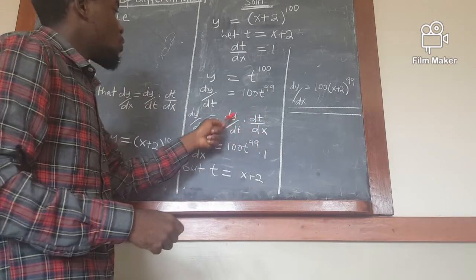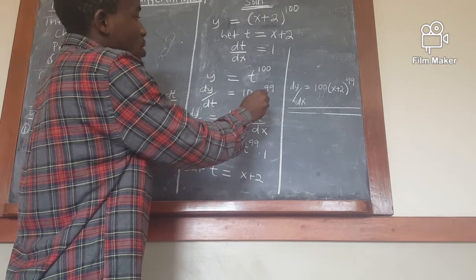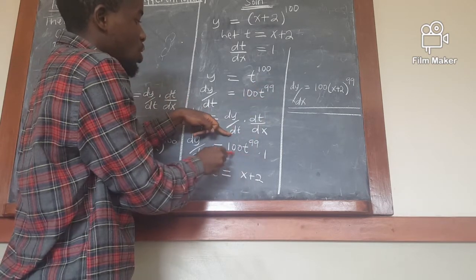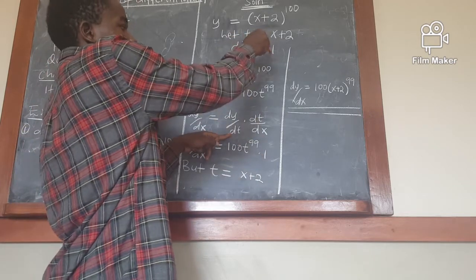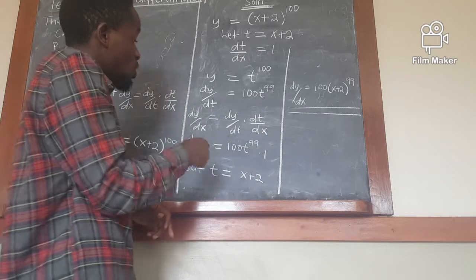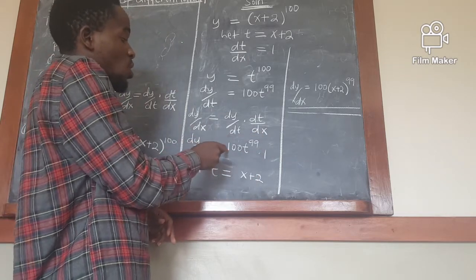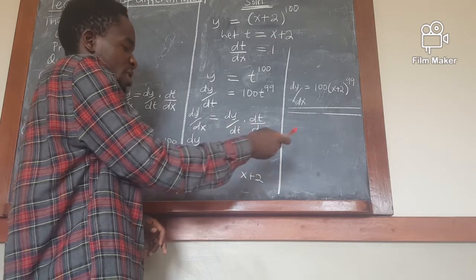Then you substitute. dy dt is the same as 100 t power 99. We bring it here, times dt dx. dt dx is equal to 1, times 1, you get that. So dy dx is the same as 100 t power 99, because anything times 1 remains.